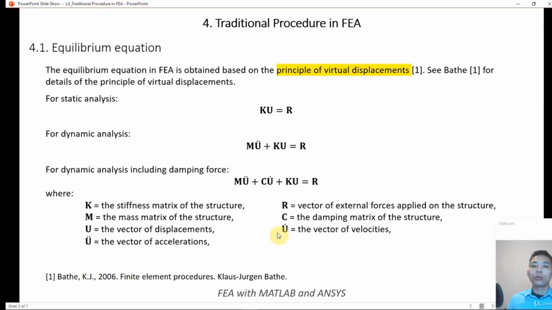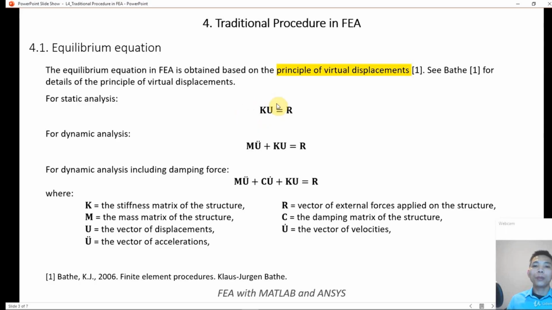They cover and explain in detail the principle of virtual displacements. But I will not provide any information about that one because it is so long, and I just want to provide you the key formulations. If you want to see more detail, please read that book and you will find a lot of useful information.